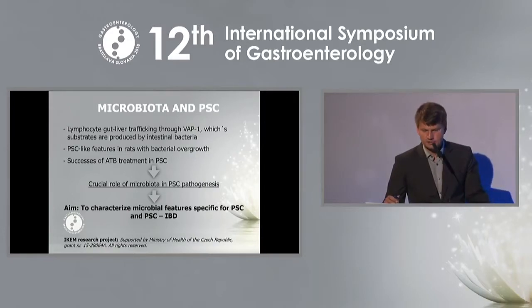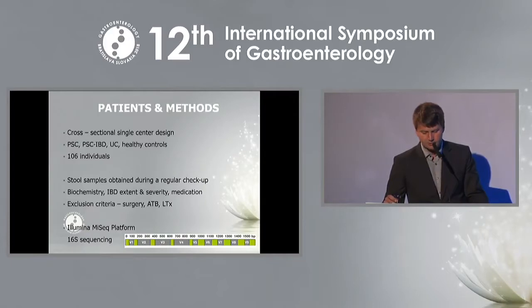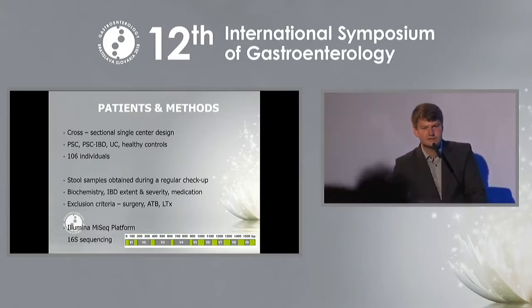So it is my great pleasure that we could present some data that we gathered through last year with our cross-sectional single-center study of 106 individuals, PSC patients with or without inflammatory bowel disease.